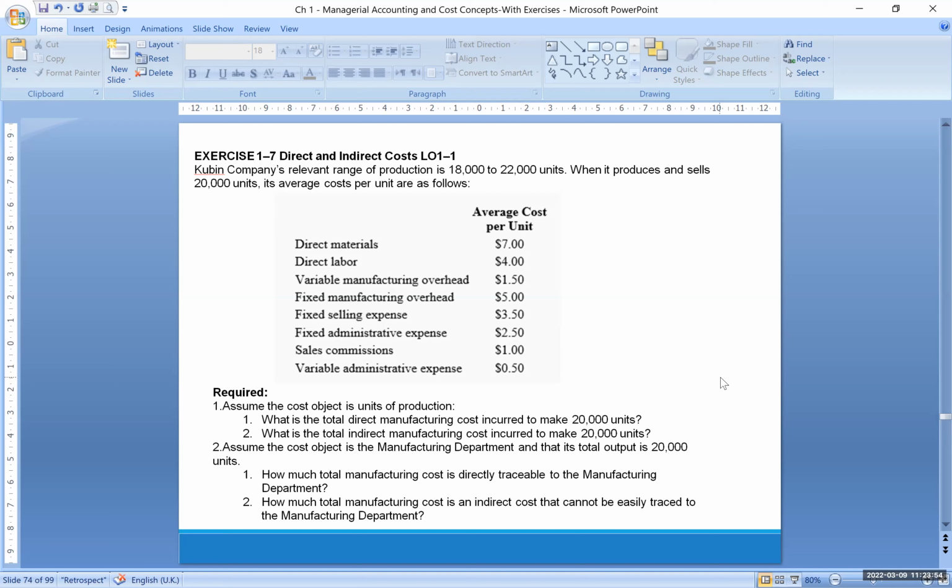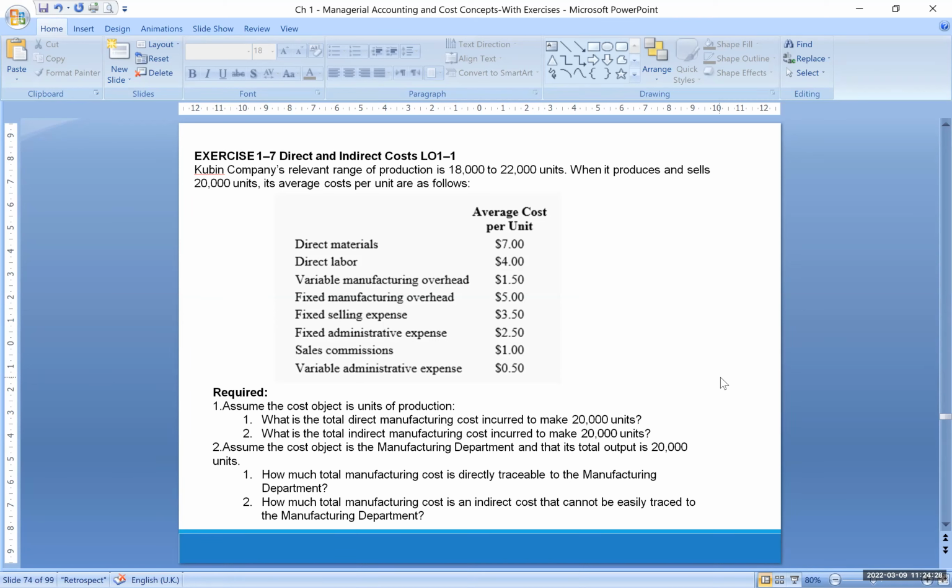Under the bubble of manufacturing or product, we need direct material, direct labor, and manufacturing overhead. Manufacturing overhead, we have two, variable and fixed. Both are considered manufacturing, which means they will be included in the product cost. So we will include the direct material, direct labor, and all manufacturing overhead. For this question, be careful that we are talking about the fixed manufacturing overhead up to a limit, up to the level.